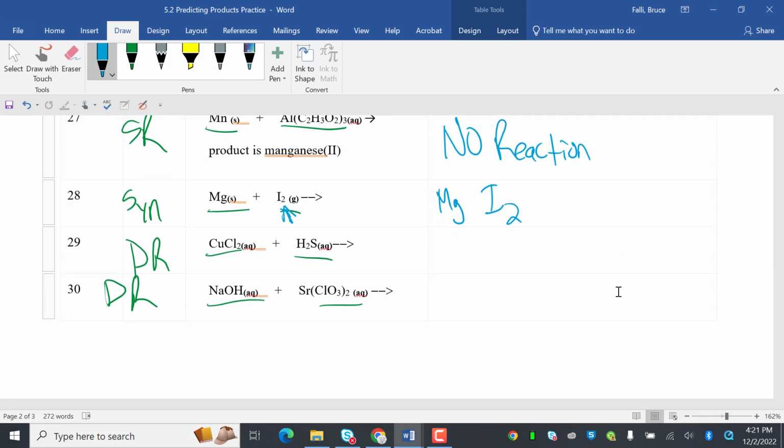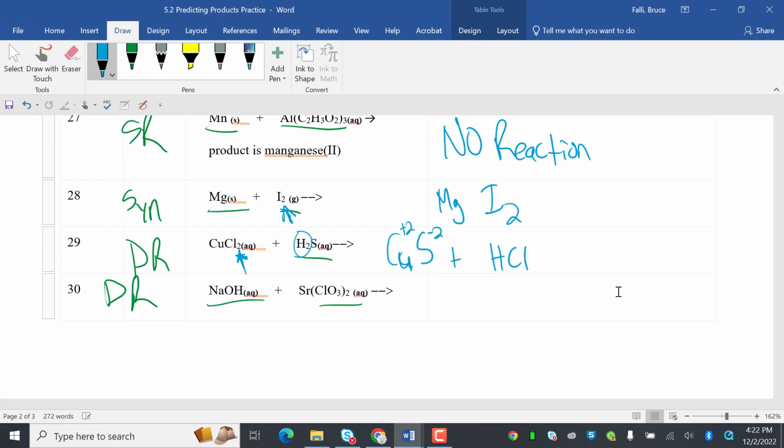All right. So I'm going to switcheroo copper and hydrogen. So I'm going to get CuS plus HCl. Notice I didn't carry the subscripts. Now, I need to figure out the charge on copper. Copper is a Roman numeral metal, so I don't know its charge, except it tells me right here. This 2 says, hey, copper's +2. So it's going to be the same on both sides.